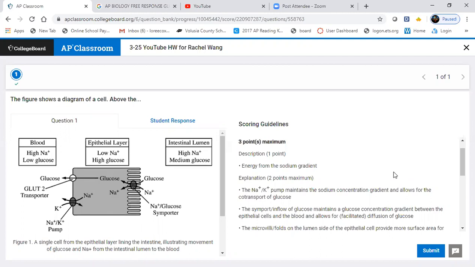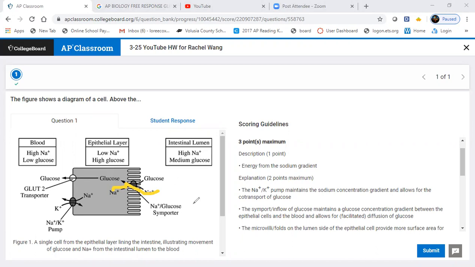A lot of kids responded to this one by saying that it was going to be ATP that was powering the movement. Well, first of all, the sodium is going from high to low, so there's no ATP needed here. And glucose is moving from medium to high, so something is going to have to be powering that.